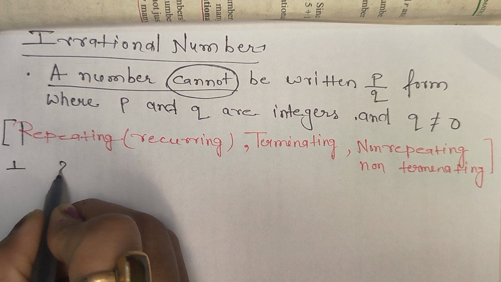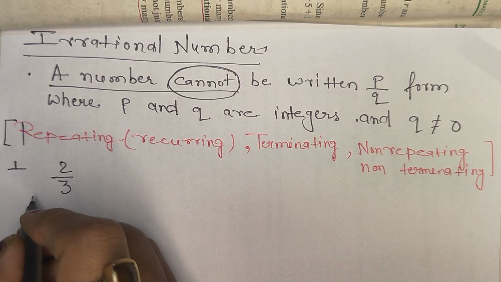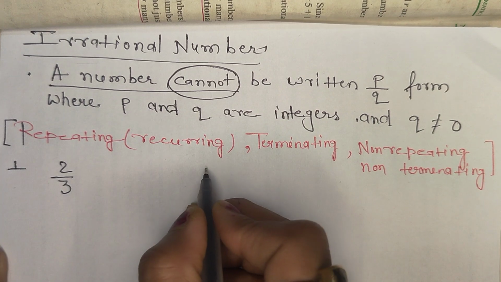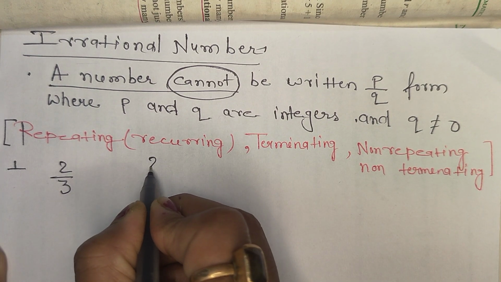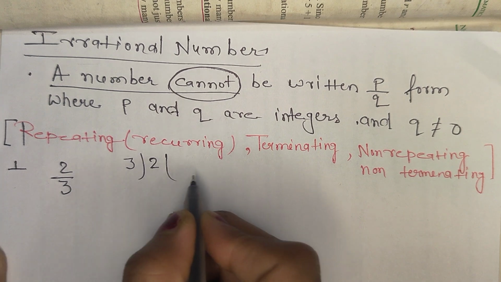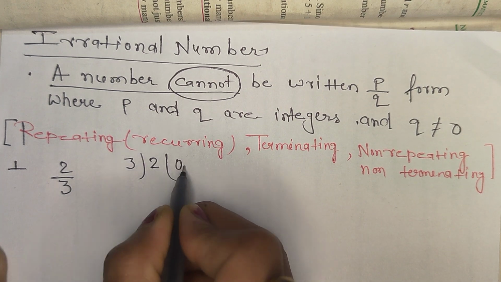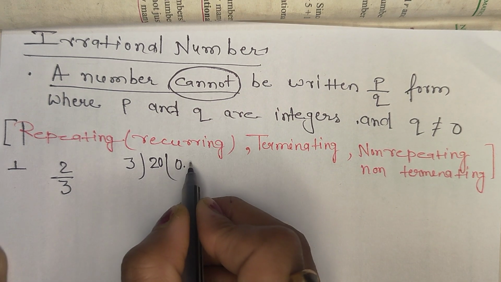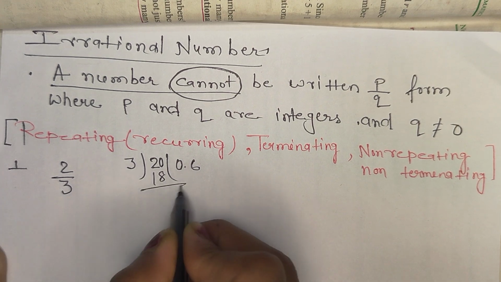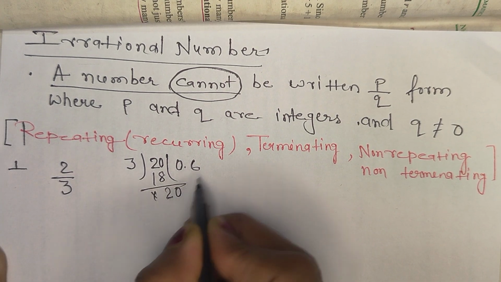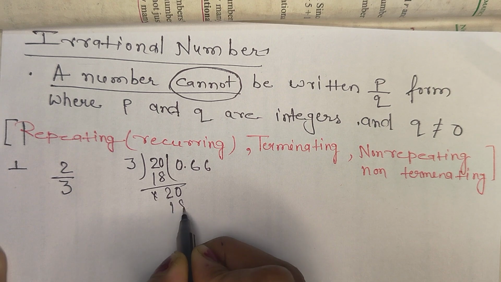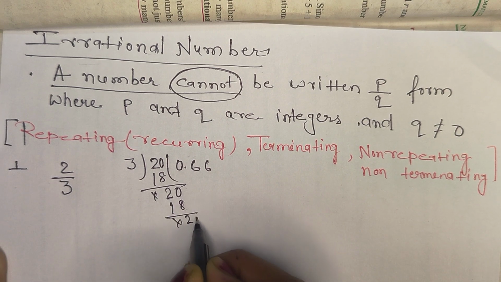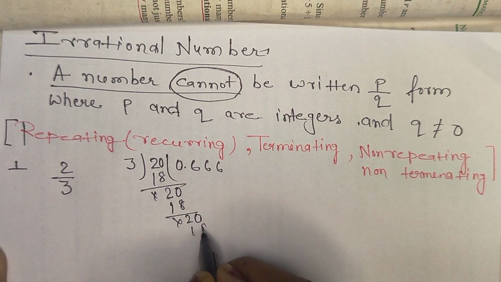Suppose that we take 2 by 3. We divide this 2. We take 0, 6 times 3 is 18. Again you take 0, 6 times 3 is 18. Again you take 0, 6 times 3 is 18.